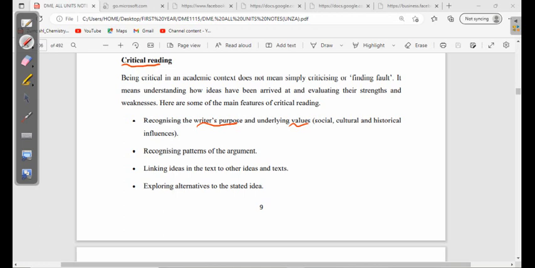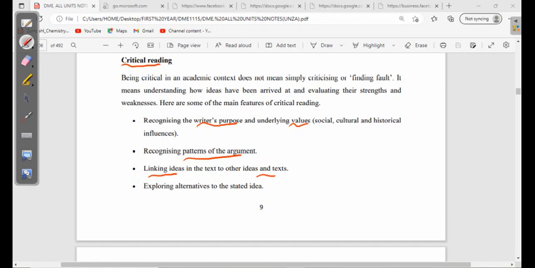And also you need to recognize patterns of the argument. Is the writer supporting one argument, or do they not really know what they're talking about? For example, they support this idea and then they also go against it. So you need to understand that. Also, you need to look at linking ideas in the text to other ideas and texts. If you find some ideas in this text, there are other things that you already know or have read.